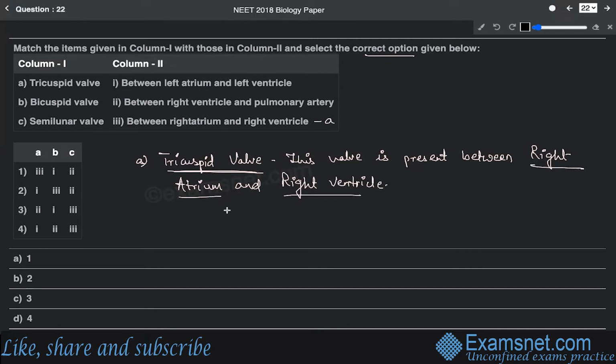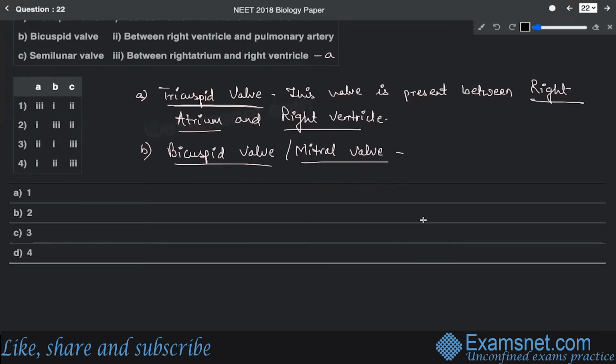All right, then the second one is asking about the bicuspid valve. Now, bicuspid valve is also known as mitral valve. So this is also considered to be mitral valve. And this is a valve which is present at the junction between left atrium and left ventricle.